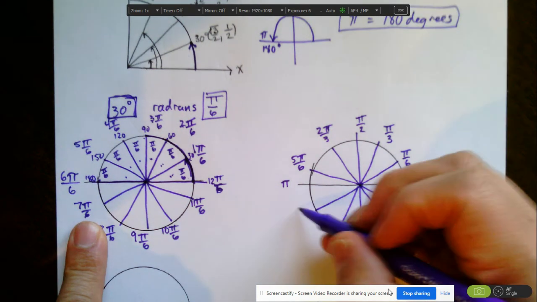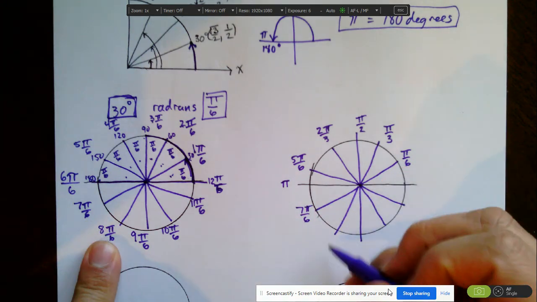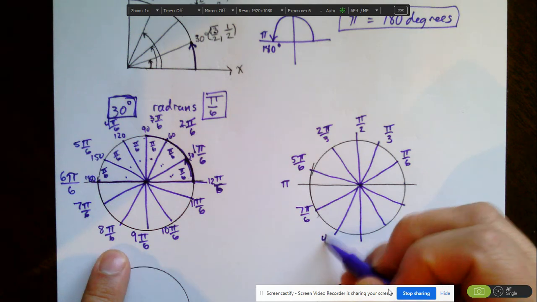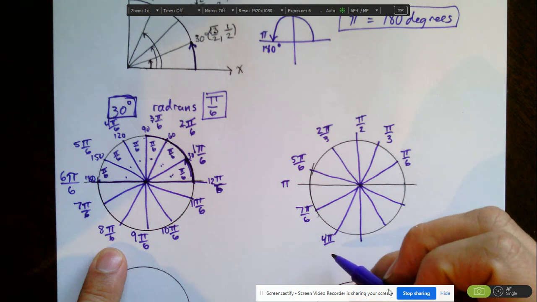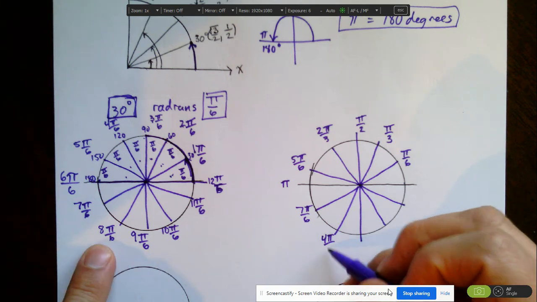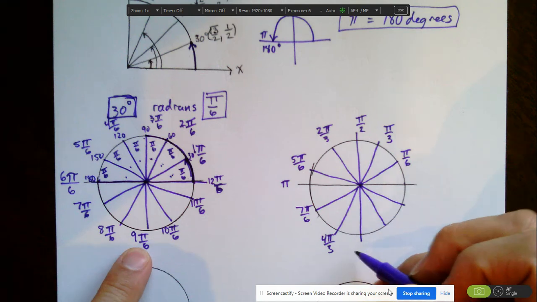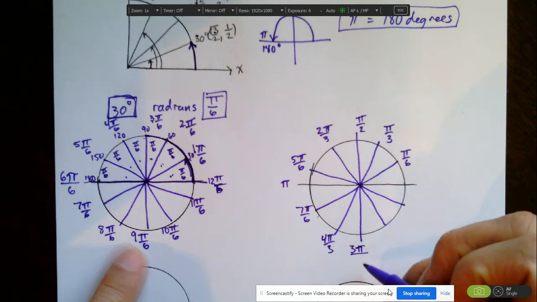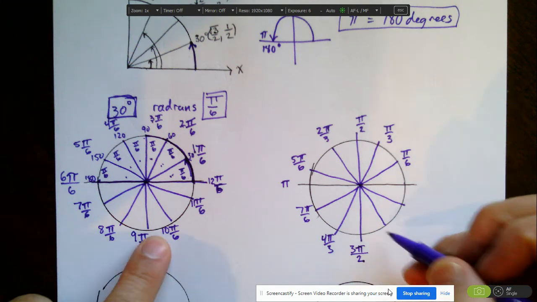The next one is 7 pi over 6, that's already simplified. 8 pi over 6, I'm simplifying it over here. That's going to be 4 pi over 3. And then 9 pi over 6 is going to be 3 pi over 2. I'm dividing both by 3.